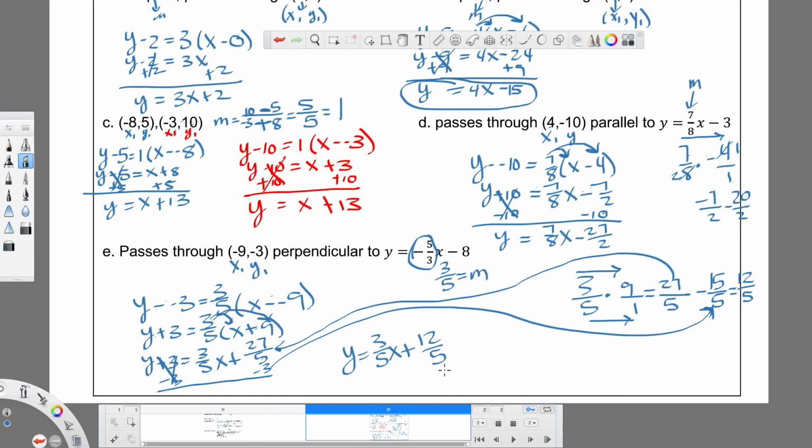So they should, again, let you leave it just like this. That should be fine. If anything, they might want you to write the decimal, which would be 2.4 if we actually did 12 divided by 5, because that might be a little easier to graph than 12/5. So I can definitely picture where 2.4 would be. 12/5 might take me a few more minutes to actually picture where it is.